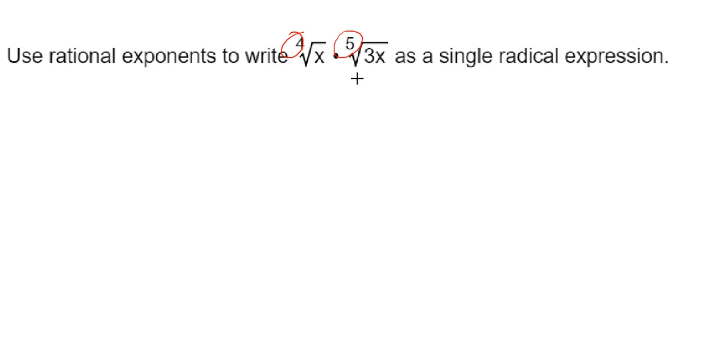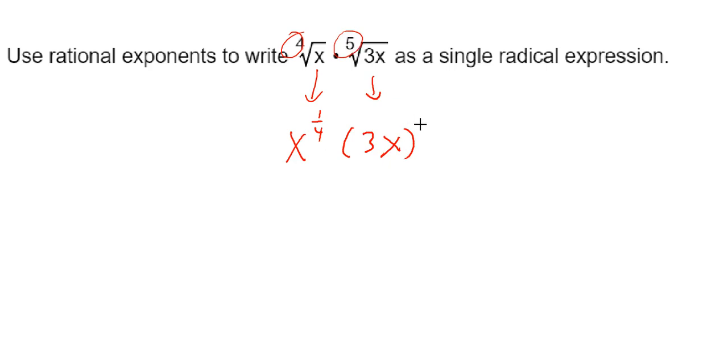In order to multiply these together, you'll have to write them as exponents because they do not multiply together as radicals. So we'll have to rewrite this. A fourth root, as we've said multiple times already, is a 1/4 power. A fifth root is a 1/5 power. So I need to use parentheses here because that fifth root applies to both the 3 and the x. So I need to put those in parentheses.